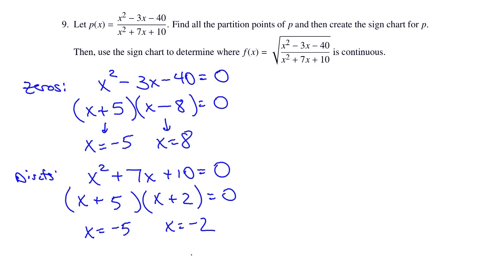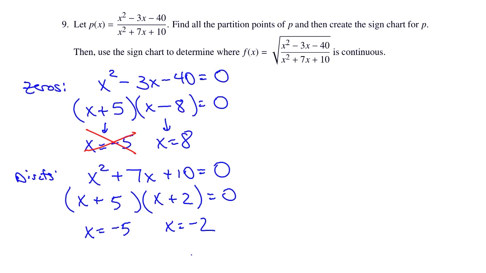Now, notice that I have x equal to negative 5 in both the zeros and the discontinuities. One of them trumps the other one. Which one is it? Being a discontinuity trumps being a 0. So we actually only have one 0, and that is x equals 8, and we have two discontinuities, x equals negative 5 and x equals negative 2.